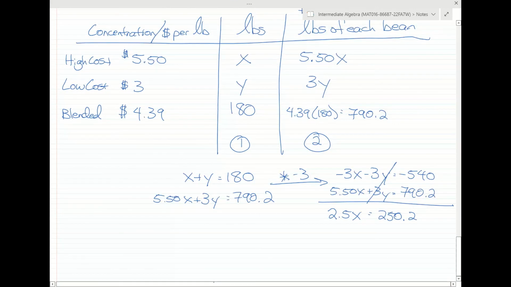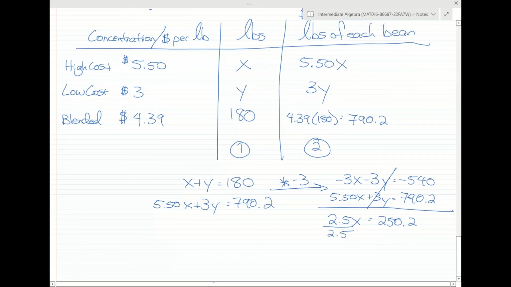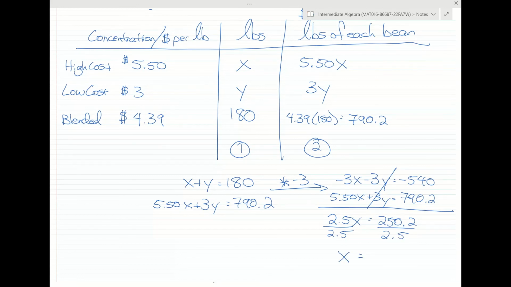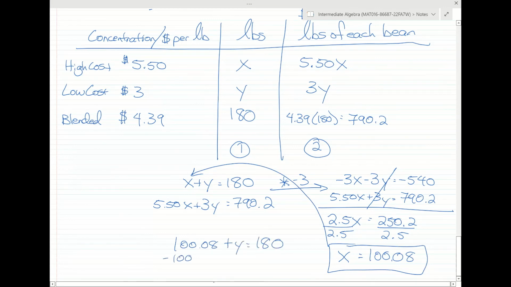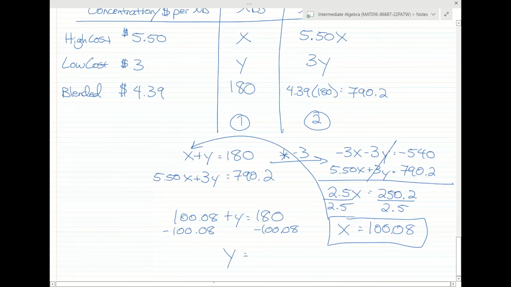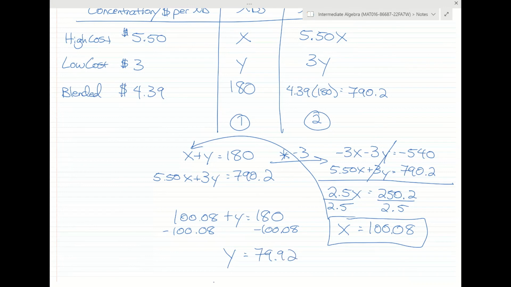And then dividing by 2.5, I'm getting 100.08 pounds of the more expensive kind, where X is the more expensive kind. And then if we were to plug that back in and get what Y is, 180 minus that answer gives us 79.92 pounds of the cheaper stuff.